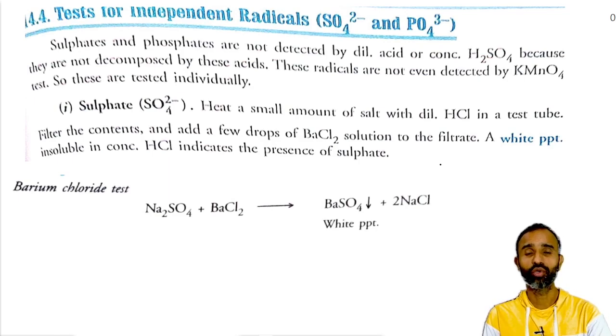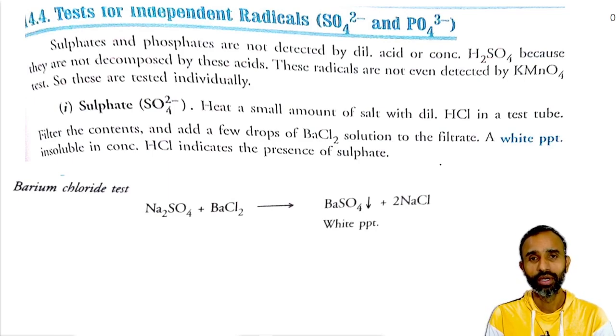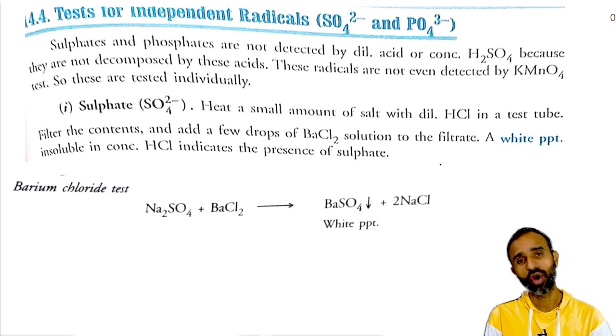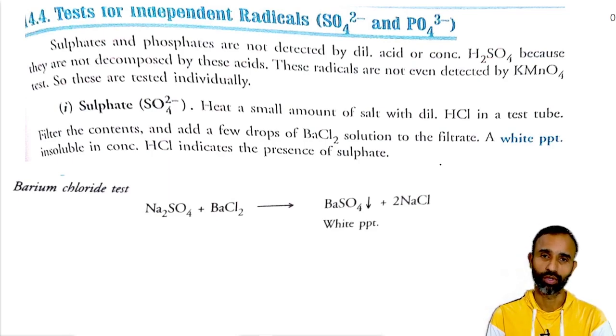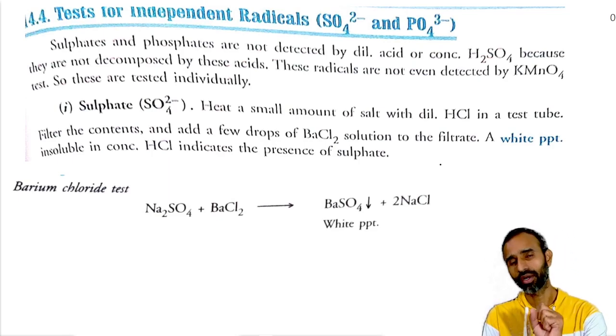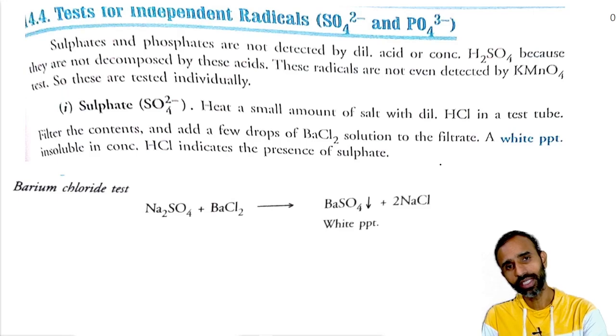And there are two independent radicals, those are sulfate and phosphate. तो सल्फेट जो रेडिकल है और फॉस्फेट है, they are not detected by dilute H2SO4 और concentrated H2SO4 because they are not decomposed by these acids.